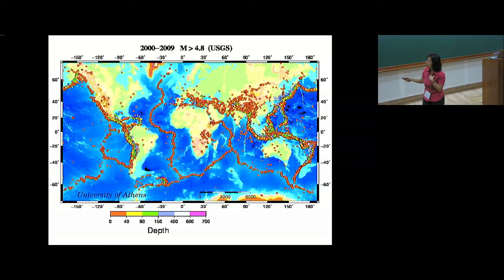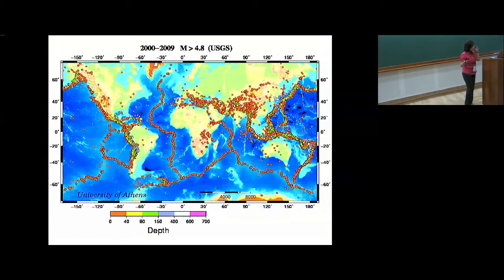Why? Again, these are all subduction zones, where one plate is dipping, sinking inside the Earth's mantle. So if you're close to a subduction zone, you worry about being affected by very big earthquakes. If you're situated close to a divergent plate margin, you probably don't care so much.